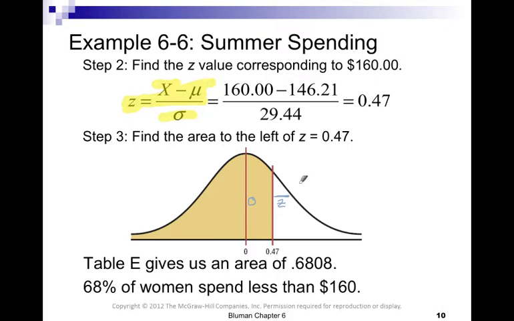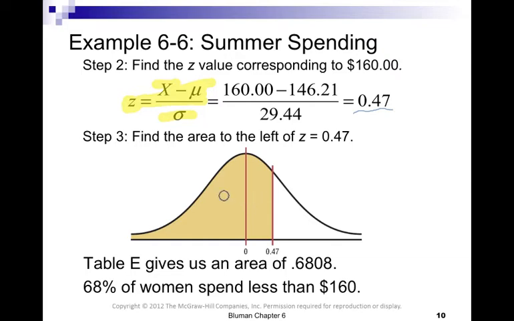X is the value that we're looking for, or the $160. Subtract the mean, which is 146.21, divided by the standard deviation, which is 29.44. And it gives us a z-score of 0.47. Okay, these were left over from the last slide, so let's get rid of those.